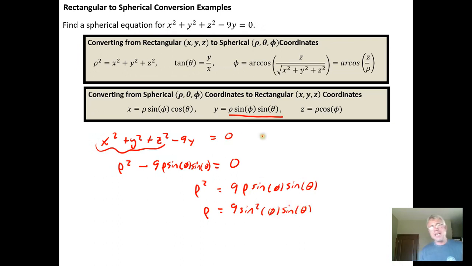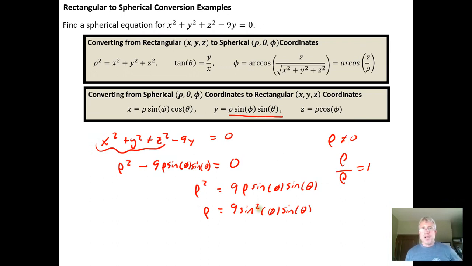And again, I ignored it a little bit in the previous slide, but I probably shouldn't ignore it too much. If we divide both sides by rho, we're assuming that rho does not equal 0. Rho divided by rho equals 1 if rho isn't equal to 0.